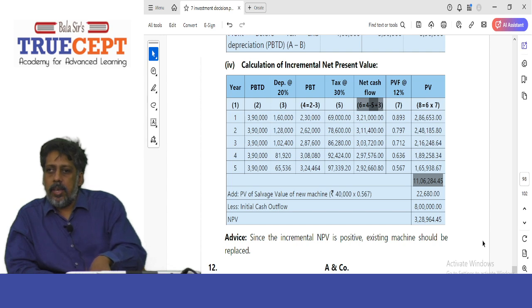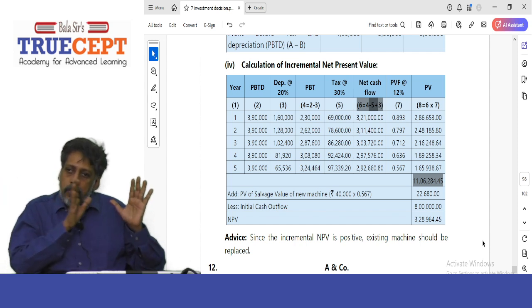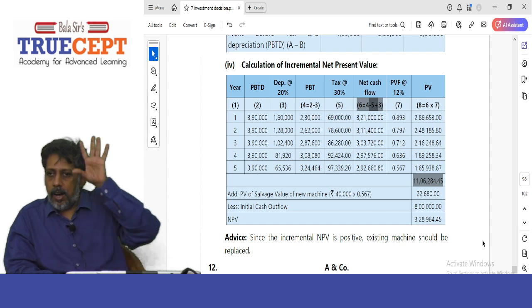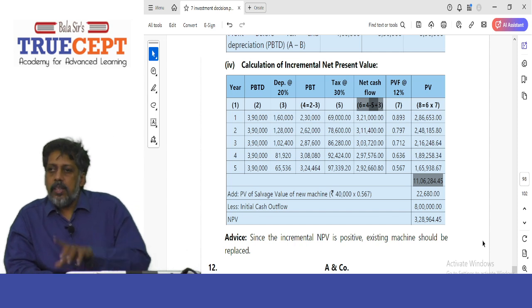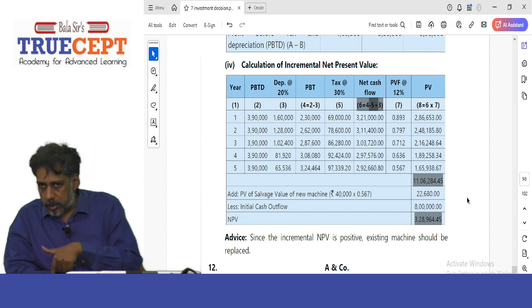You multiply, add that also, and you'll get the total present value of cash flows including the salvage value, minus the initial outlay. How much? 8 lakh rupees incremental outlay. So what is the net amount? 3,28,964. And that is a positive NPV, net present value.